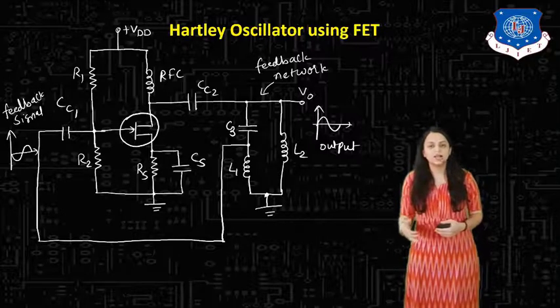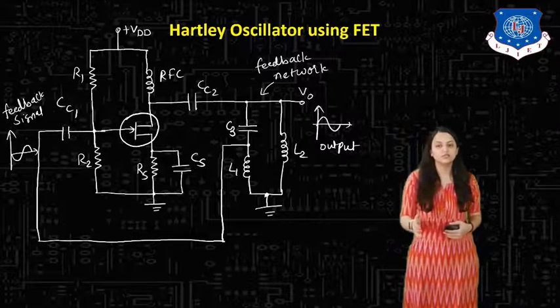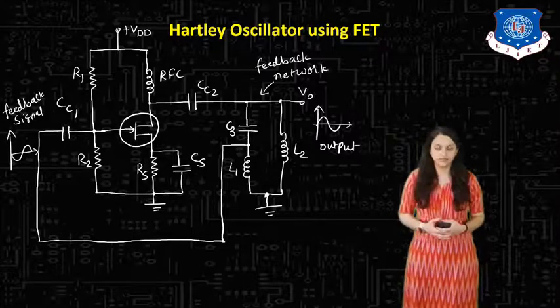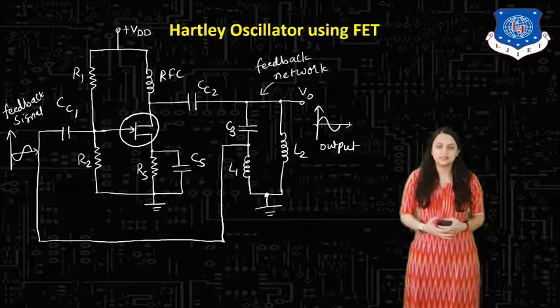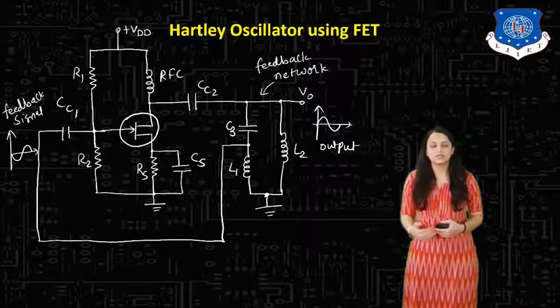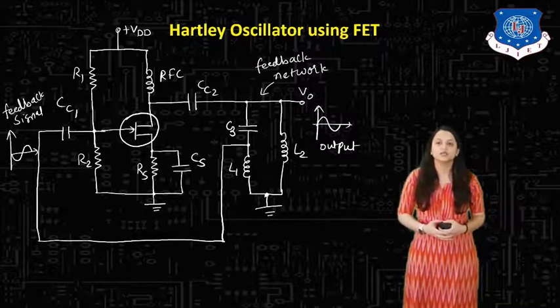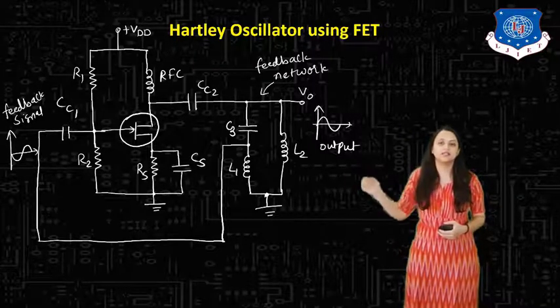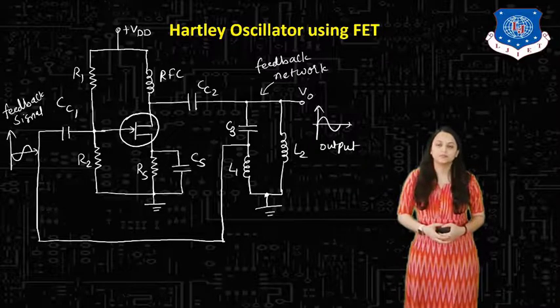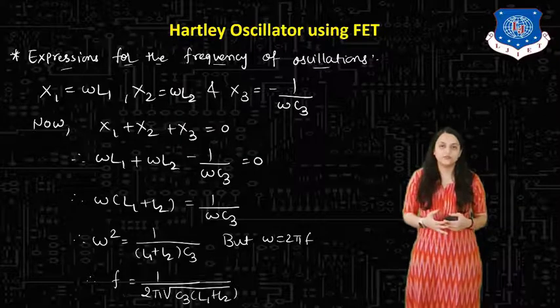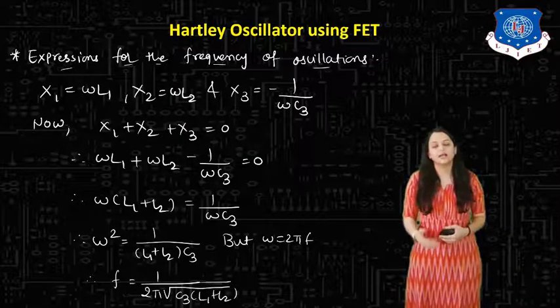Here the coupling capacitors CC1 and CC2 are connected to couple the feedback network and the FET. RS and CS are the source resistance and source capacitance respectively. Here the feedback signal and output signal are indicated. Let us see the expression for the frequency of oscillation for the Hartley oscillator using FET.